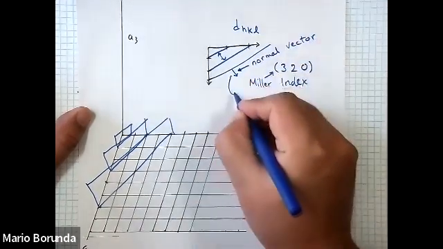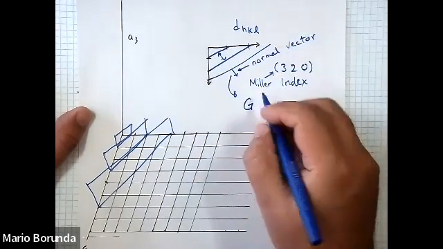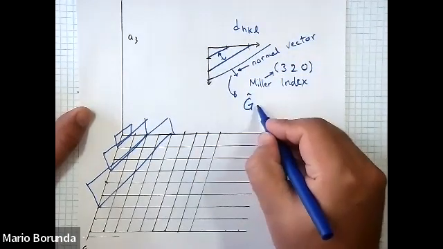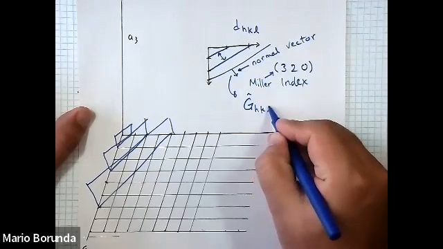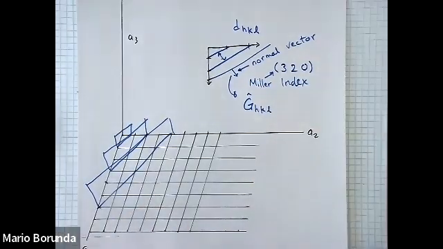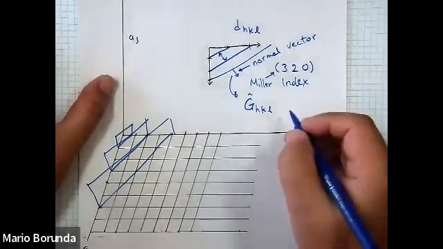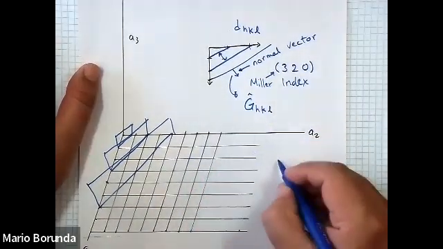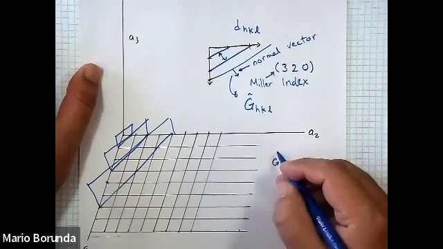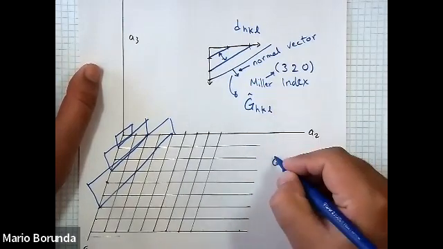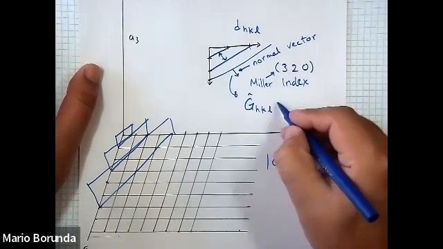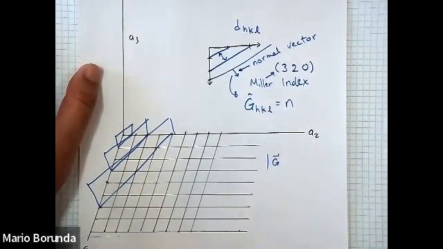This normal vector is actually called G_HKL. If we look at this vector, this would be the one that is normal, right? The unit normal.